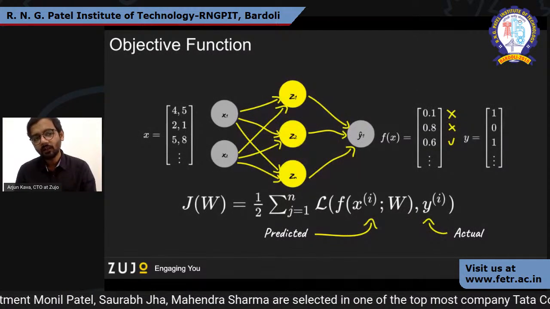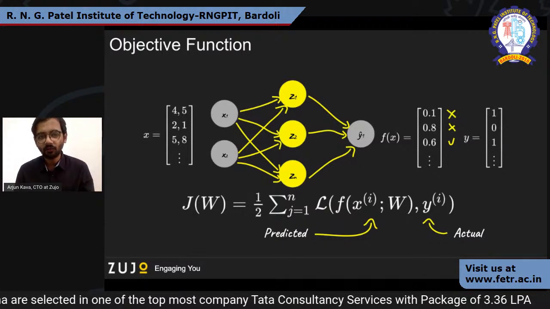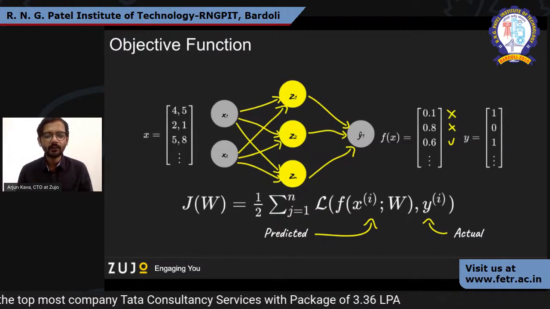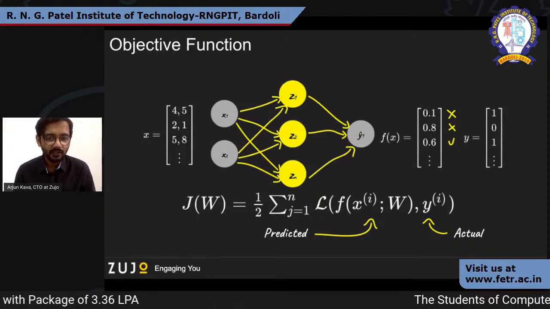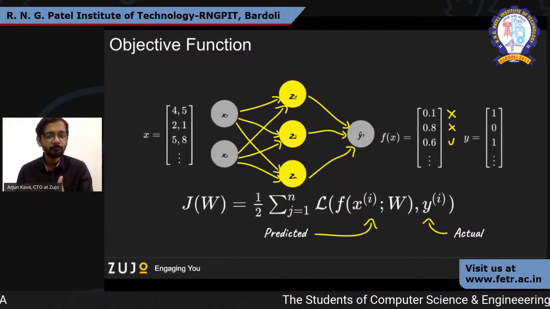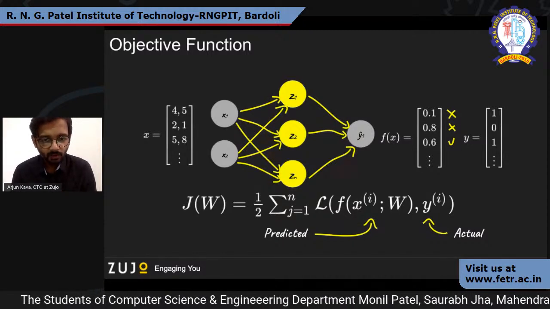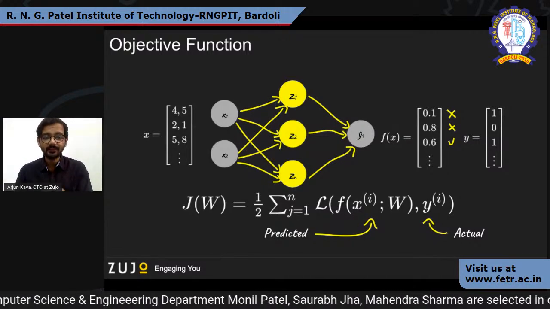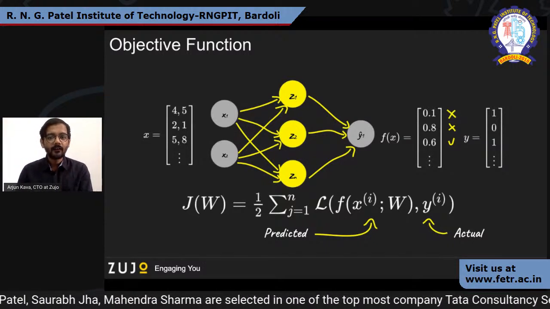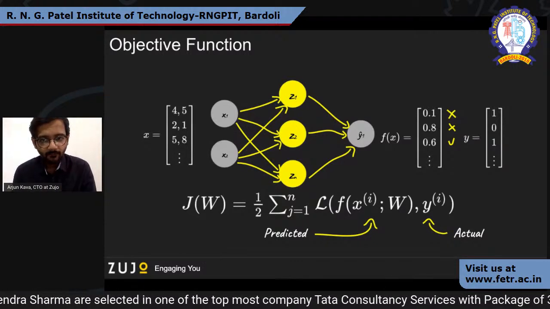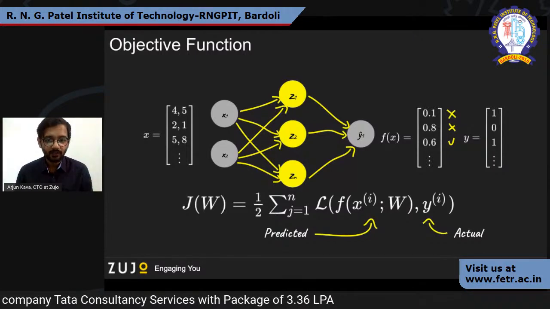Later on, we learned about the objective function, or empirical loss, or you can say the loss function, and how it differentiates the predicted and the actual outcome of the neural network. As described here, we take the vector x, and the output does not match the actual result.